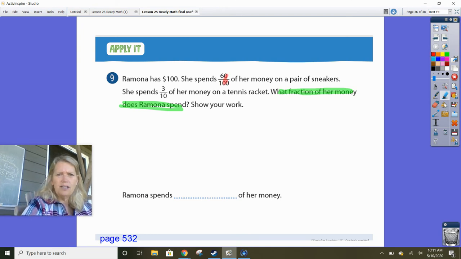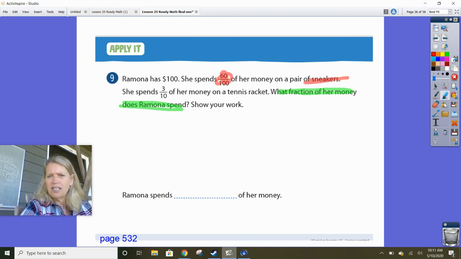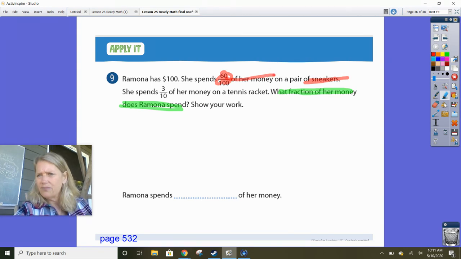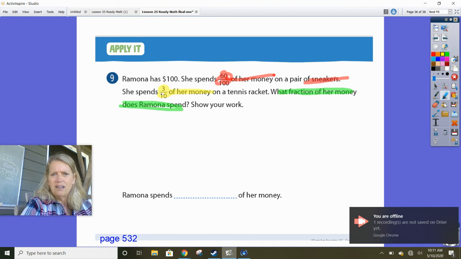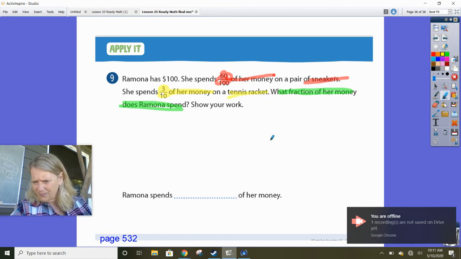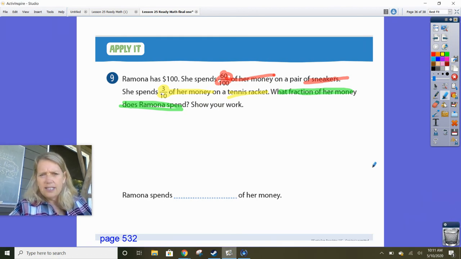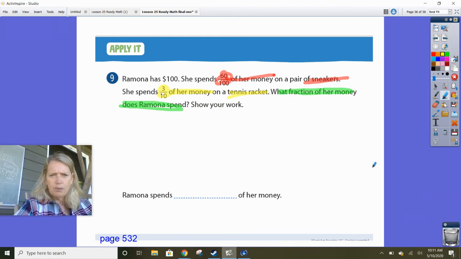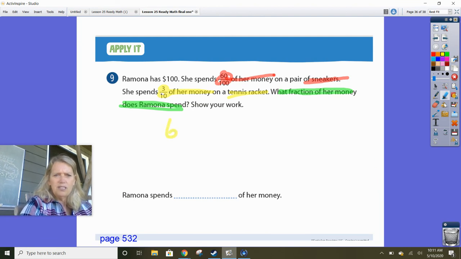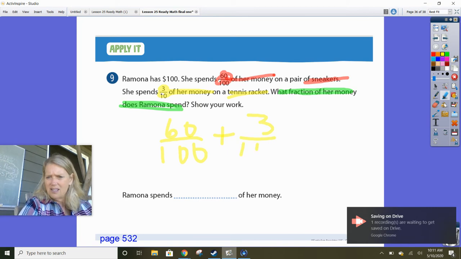Okay, so she spent this much on the sneakers, and then she spent 3 tenths on the tennis racket. Okay, so hopefully that's not a problem. Ramona spends blank of her money. So 60 100ths plus 3 tenths of her money.